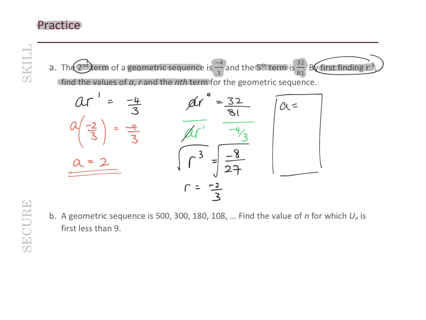So a equals 2, r is minus 2/3, and the nth term, un equals ar to the n minus 1. And that is your answer. Now just note, the modulus of r is less than 1. Even though it's a negative, the absolute value is 2/3. So this sequence is going to converge, get smaller every time.